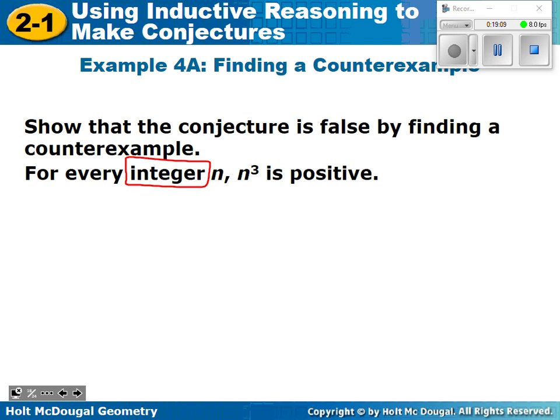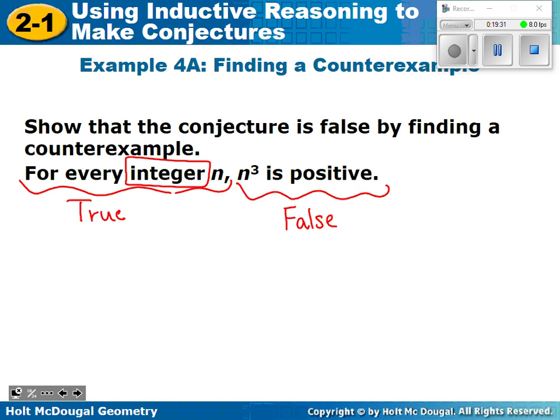So it says for every integer n, first of all, let me tell you this. For your counterexample, it has to keep the first part of your conjecture true, so you can't pick a number that's not an integer. The first part has to be true, but you're coming up with something that makes the last part false.